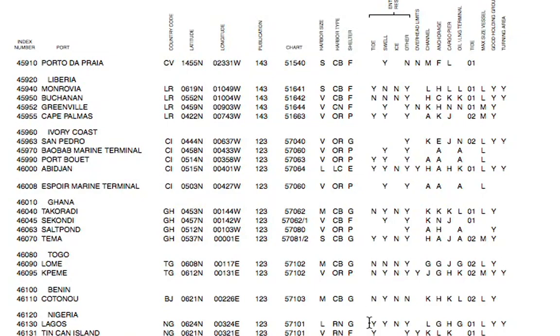Things like tides, overhead limits, anchorages, maximum size of vessel, and if there's a good turning area. So you can see and read those column headers right here at the top of the page. And that's something that you can read further about in that front matter that we walked through very quickly at the beginning if you want to read more.